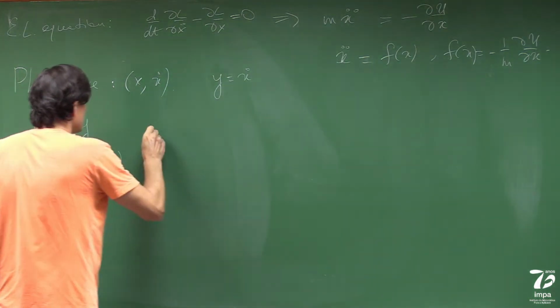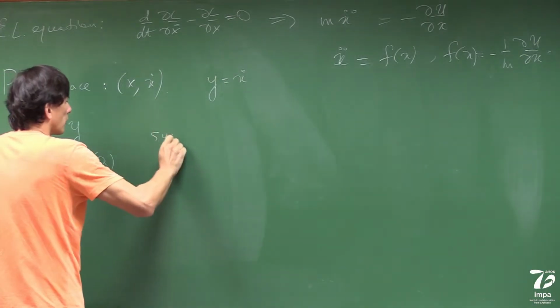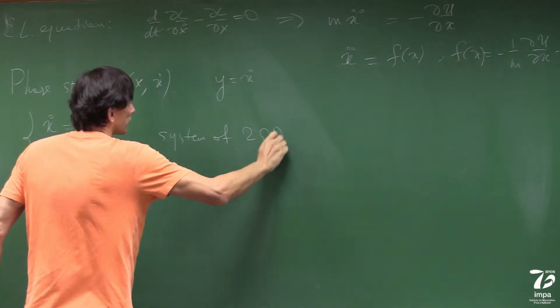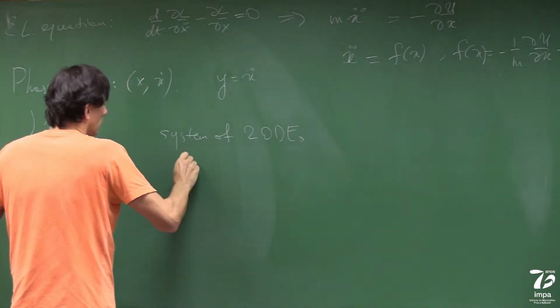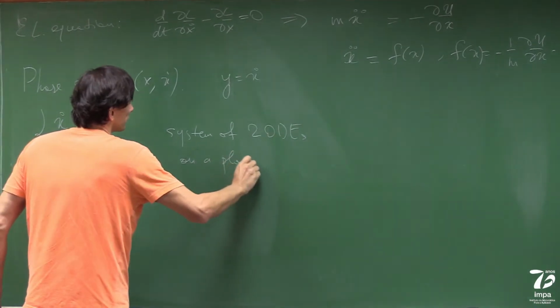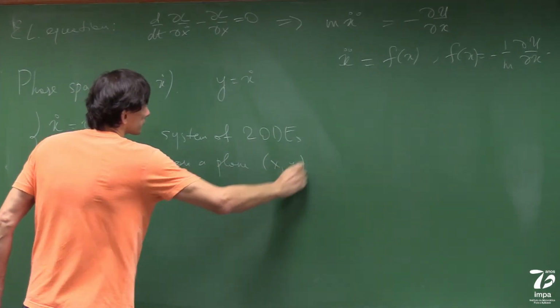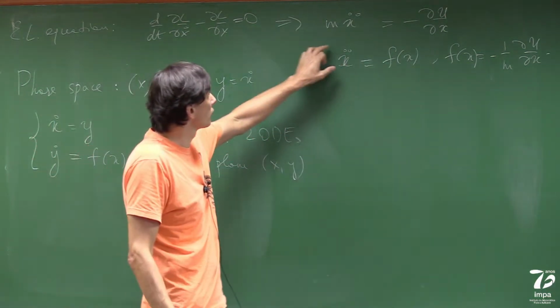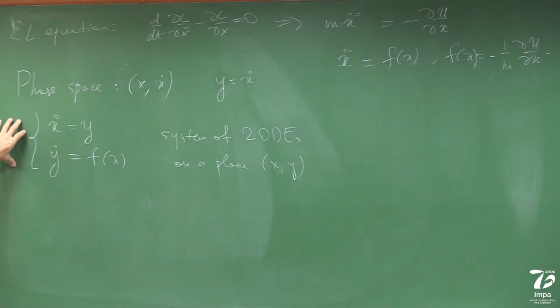But now it's a system of two ordinary differential equations on a plane. That's often called the canonical form of an ordinary differential equation. You started with a differential equation of higher order, and you can reduce it to first order, but two equations.